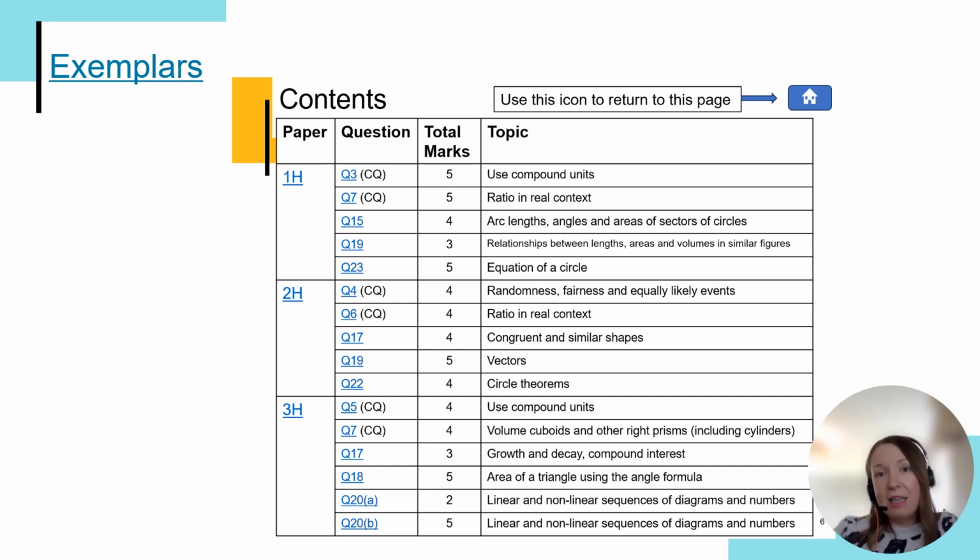A really nice follow-up from that analysis is to then get them to attempt the equivalent question from the shadow papers to consolidate that learning. So we've analysed, marked our own work, analysed some student exemplars, and discussed it. Now can we bring together everything we've learned to have a go at the equivalent shadow paper question, make sure we really understand how to complete it successfully, and hopefully achieve full marks.